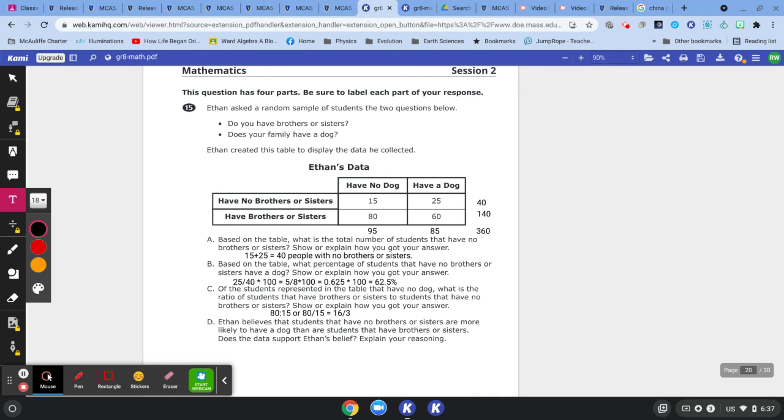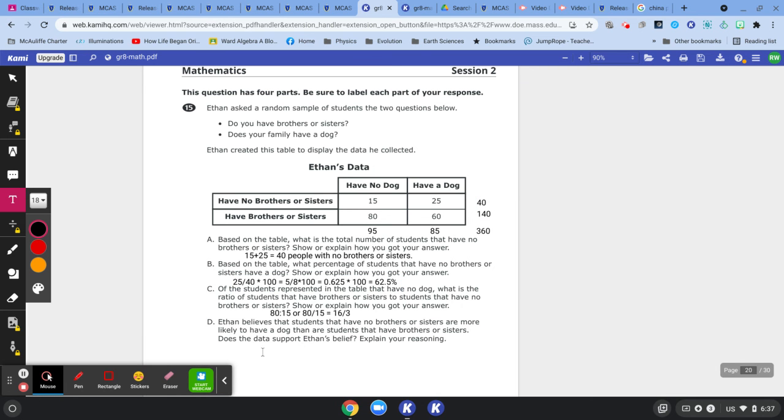So, we want to take a look at the ratio. We're going to have to take the ratio of have a dog to the total number of folks who have no brothers and sisters and compare that to have a dog and have brothers and sisters. So that's 25 to 40.